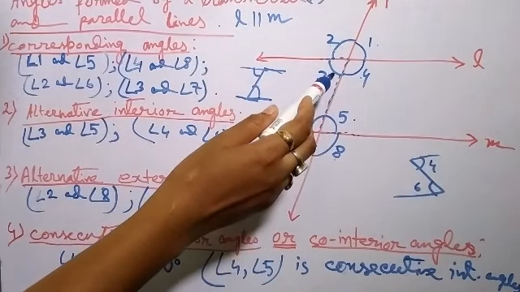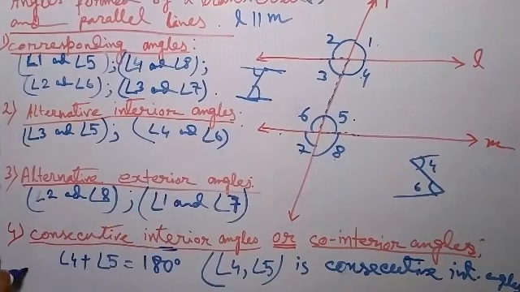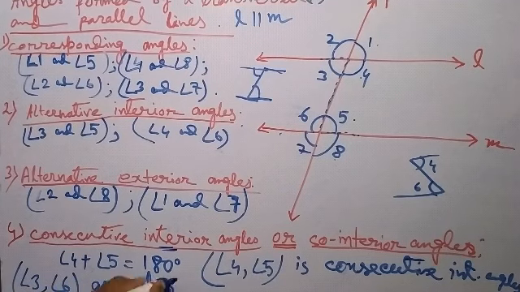Another one, angle 3 and angle 6, are also consecutive interior angles.